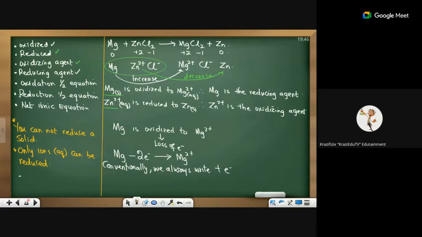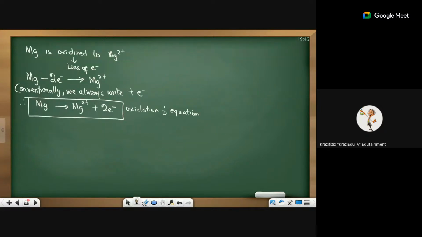Look at the second one. Zinc 2 plus is what? Reduced zinc. Let's write that statement out. Zinc 2 plus. What is reduction? The gain of electrons, so if it is gain, can I say plus?